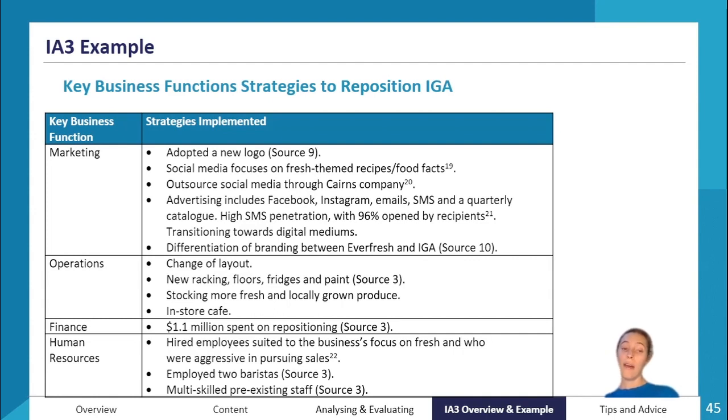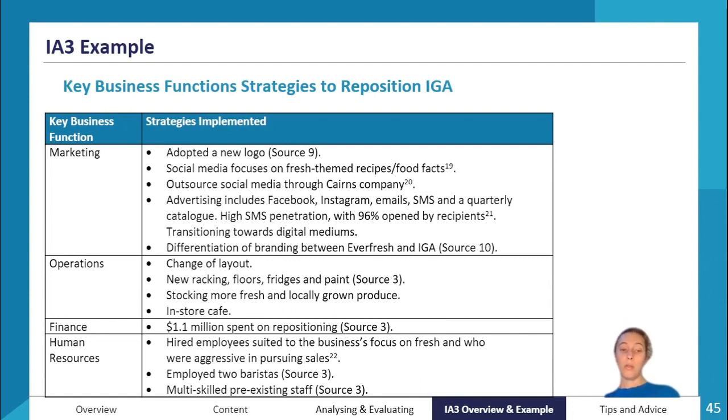An in-store cafe, so of course that impacts operations, and again has flow-on effects on things like human resources. And stocking more fresh and locally grown produce is another operational strategy. Finance, so just in this case, we've got that overarching amount that they've spent on repositioning, $1.1 million.